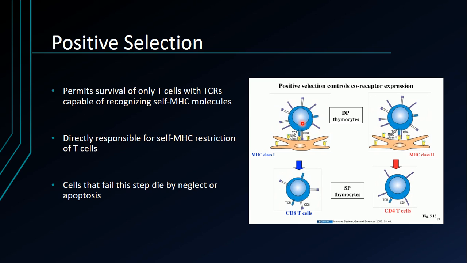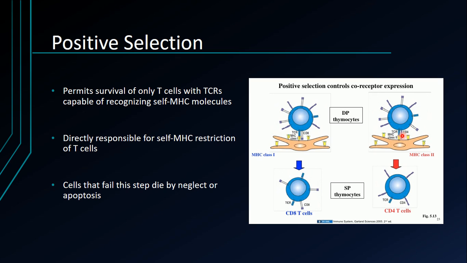It's not binding both. It's only binding CD8 or only binding CD4. So these T cells are going to develop into only CD8 or CD4, and this comes down to which one they bind better.